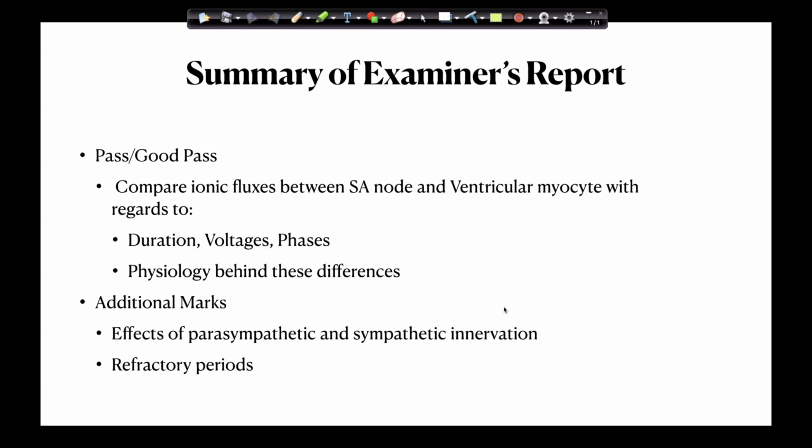And we also need to discuss the physiology behind these differences. Additional marks were given for the effects of parasympathetic and sympathetic innervation, as well as discussion of the refractory periods as well. That is going to be a challenge to put all this into a 10-minute answer.